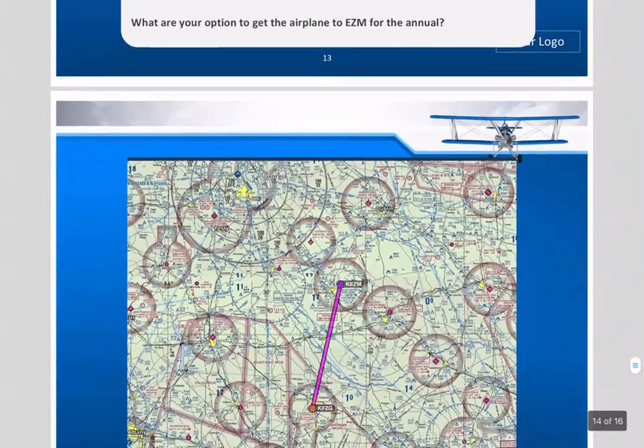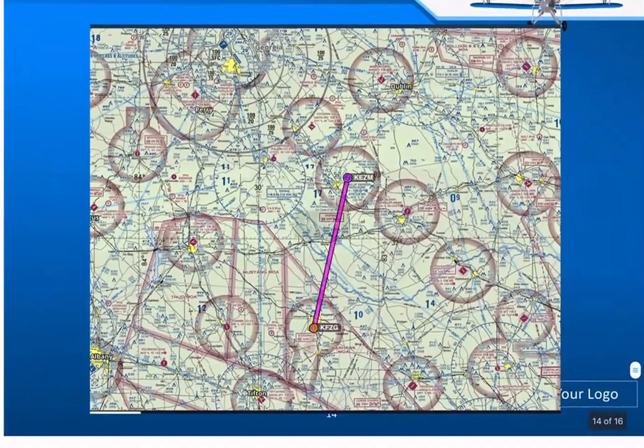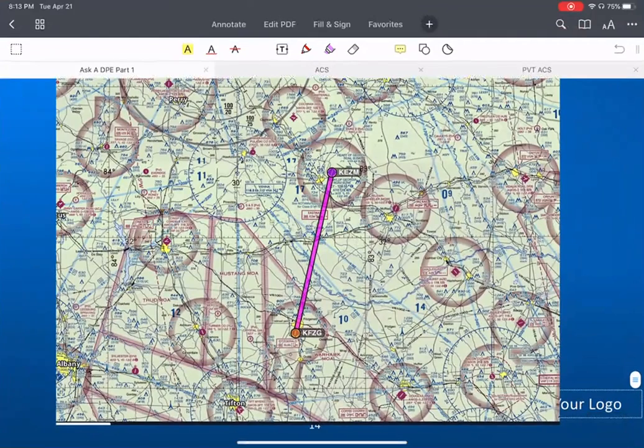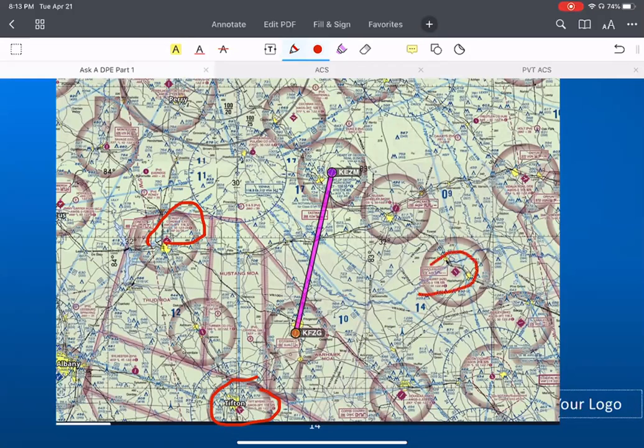So here's the overall picture, and as we scroll in a little bit, I'm going to use my little pen here. You can see that we have Cordele, which is CKF here. We have Tifton, Georgia here. This is Fitzgerald, where you're based. This is Heart of Georgia Regional, EZM. We've got Hazlehurst here. That's another place that we have an AWOS from.